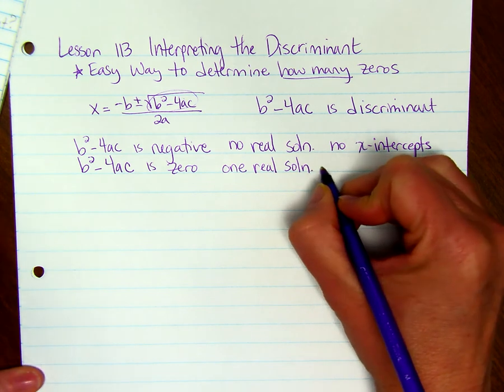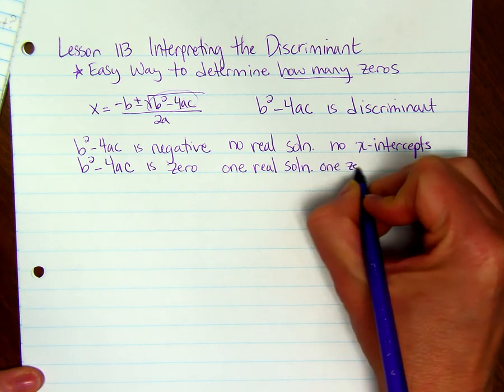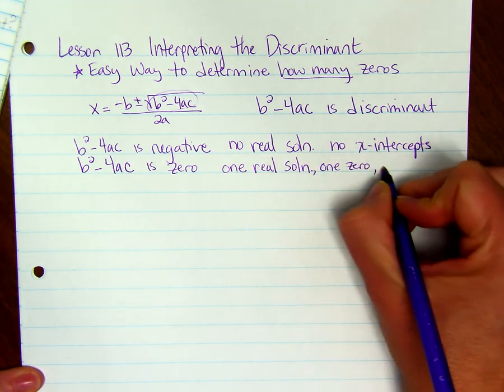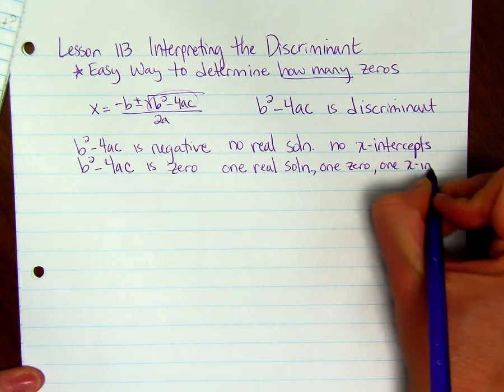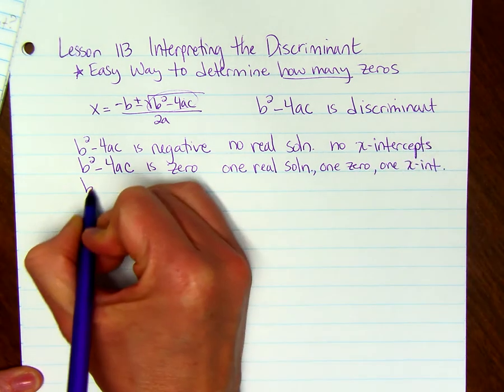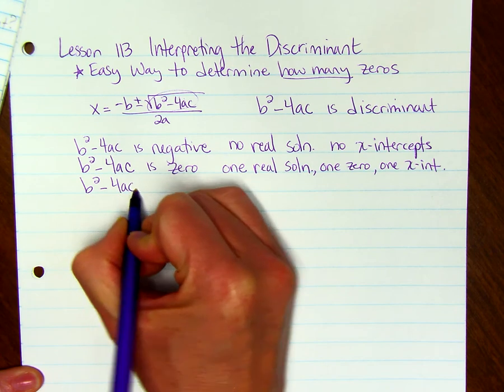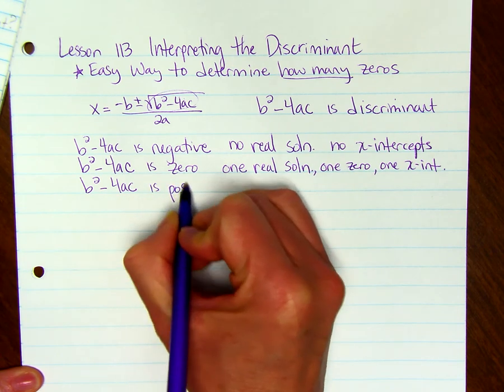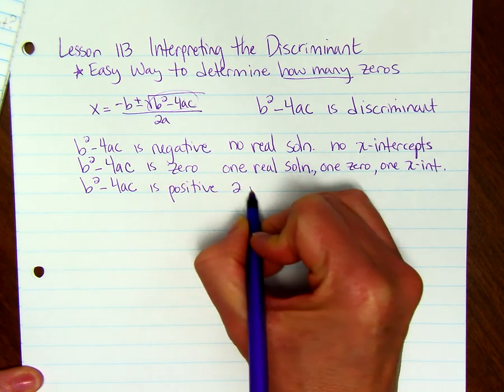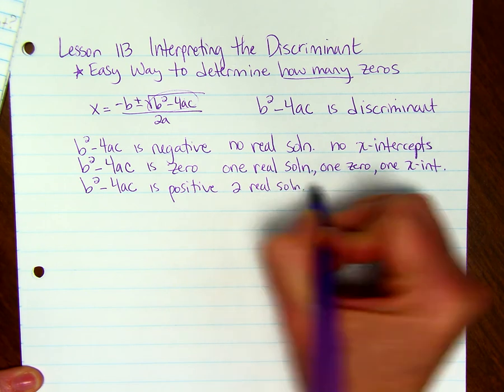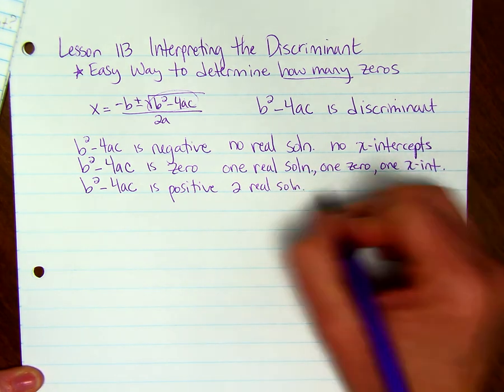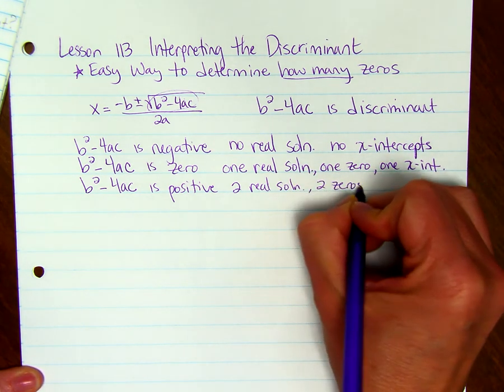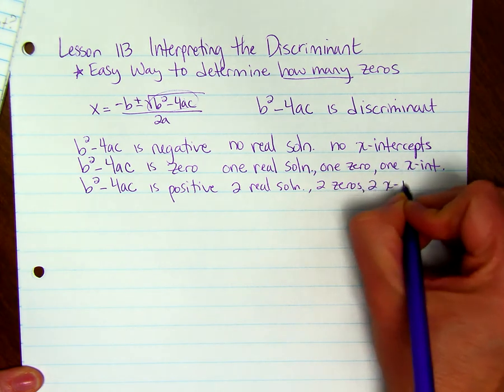We call it a zero, and we can also say one x-intercept. If b squared minus 4ac is positive, we're going to have two real solutions, or two zeros, or two x-intercepts.